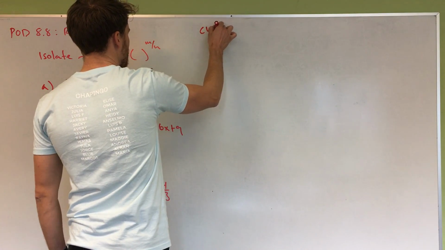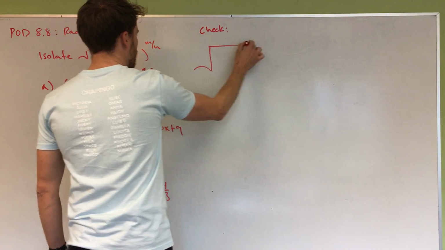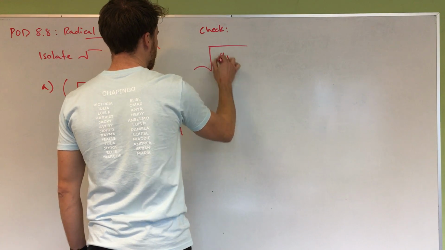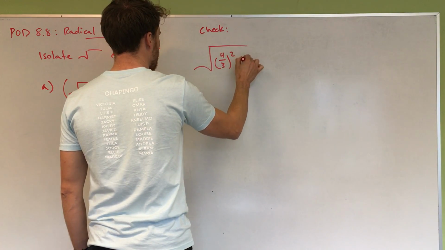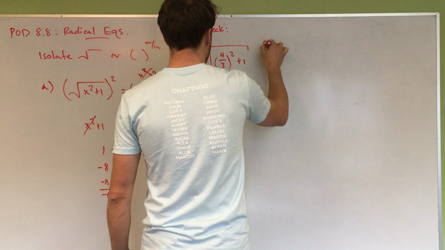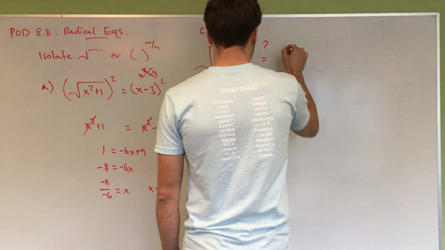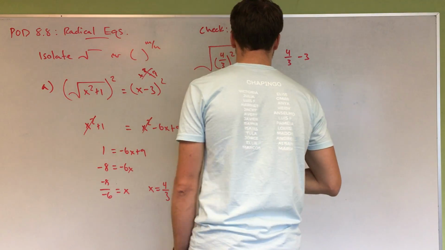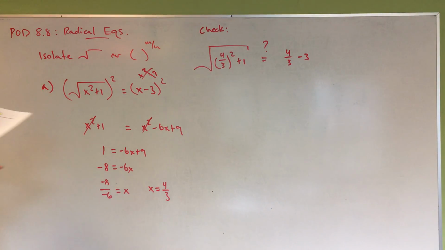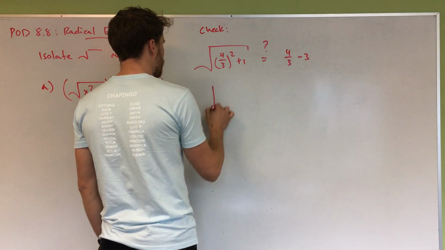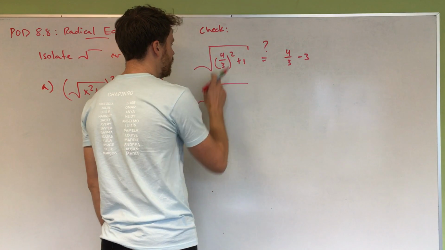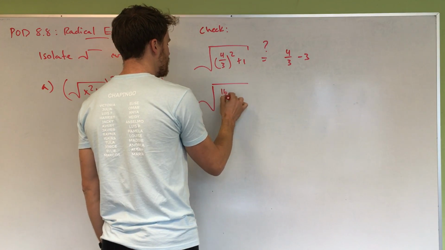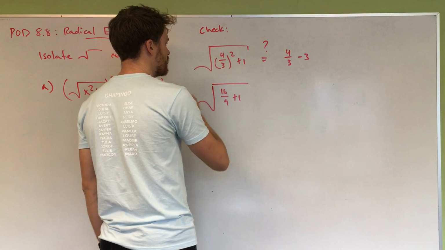You must check. Square root of (4/3) squared plus 1. Does it equal, question mark, 4 over 3 minus 3? That's our question. I can tell you right now, this is not looking good. Square root of (4/3) squared, that's 16 ninths, because we're squaring the top, squaring the bottom.